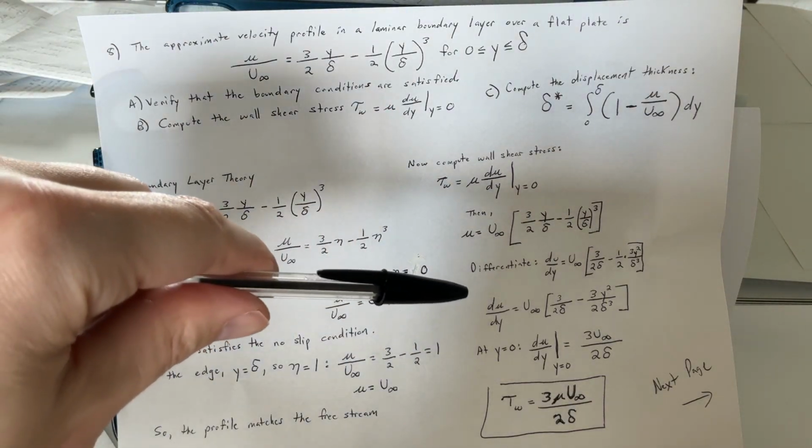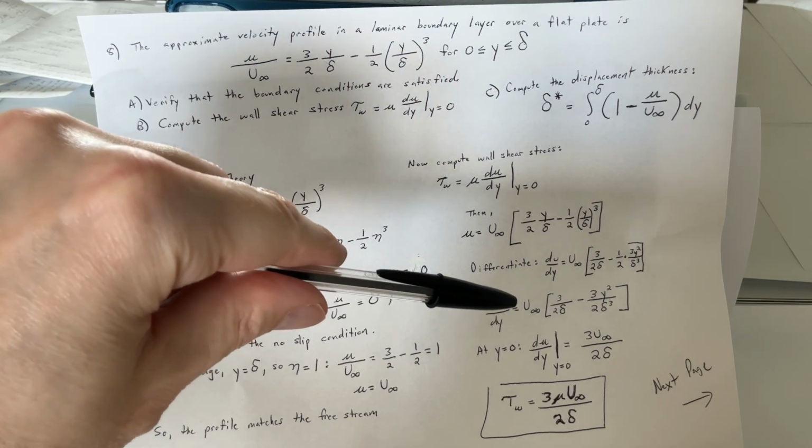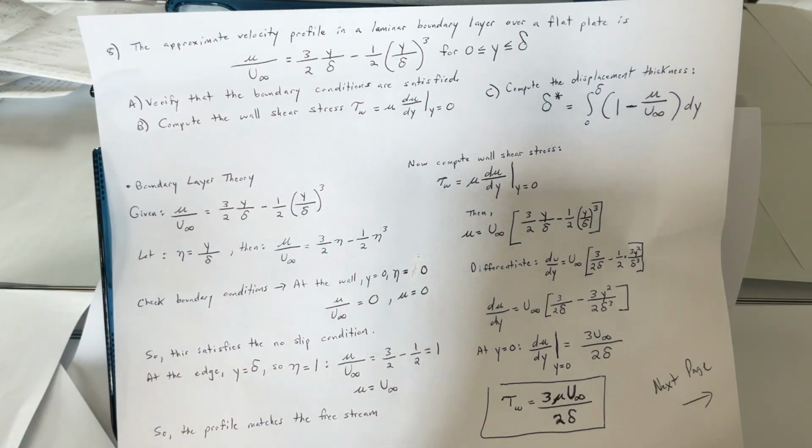So this d mu over dy is u sub infinity times the quantity 3 over 2 delta minus 3y squared over 2 delta cubed. Okay?